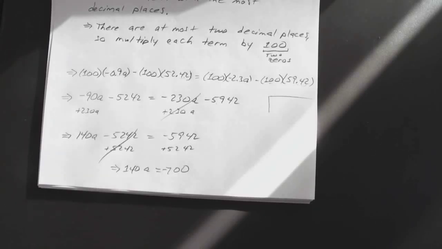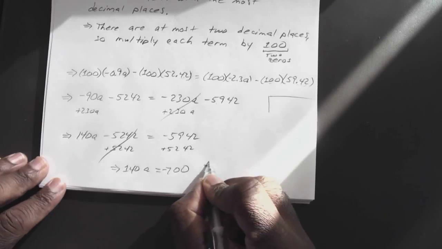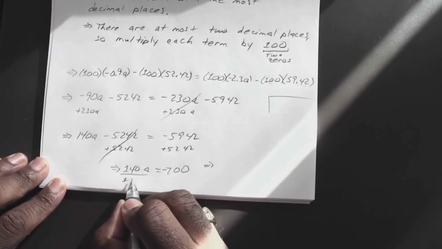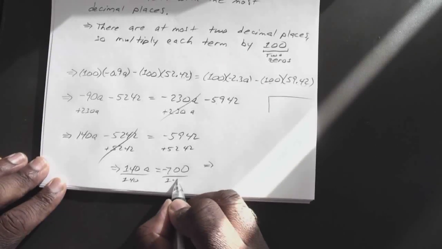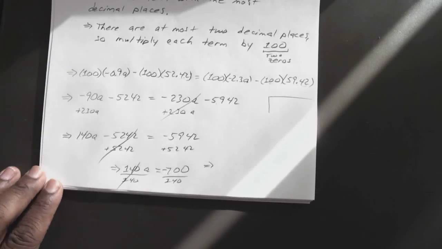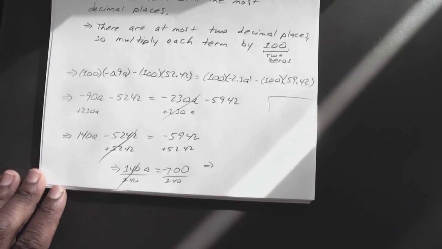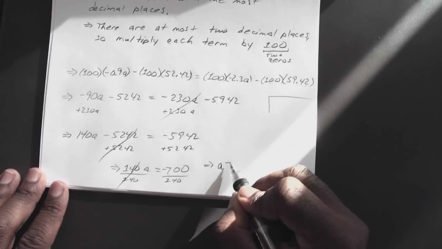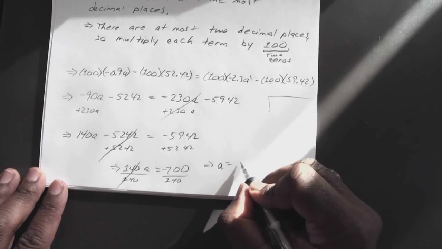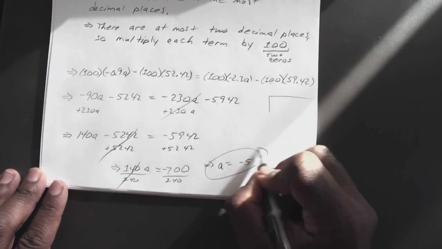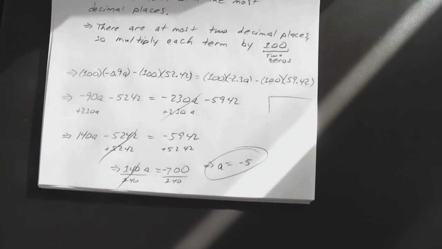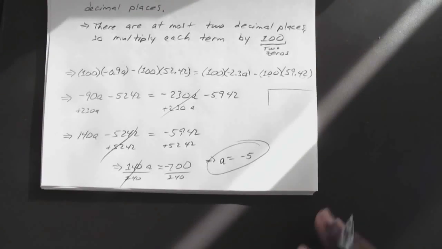So now you just divide both sides by 140. Anything divided by itself is just 1. So you have A equals negative 5. Kind of straighten that up a little bit and still avoid the sun.